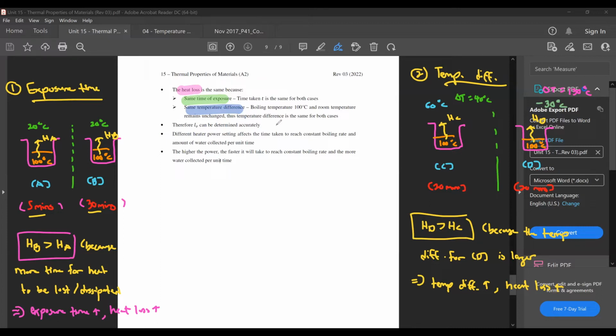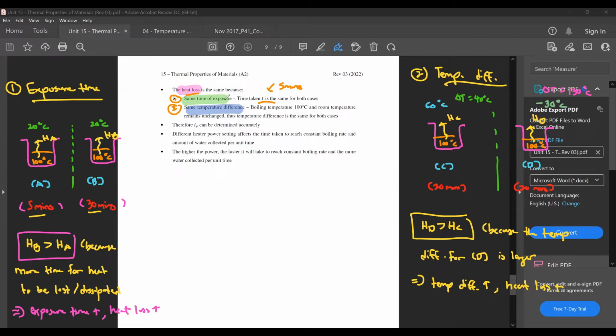Now, if you relate back to what was written inside the notes, your heat loss can be said to be the same for both the different power settings just now, because number one, you have the same exposure time. The time taken T for both cases was the same at 5 minutes. And then number two, in the first place, you also had the same temperature difference.